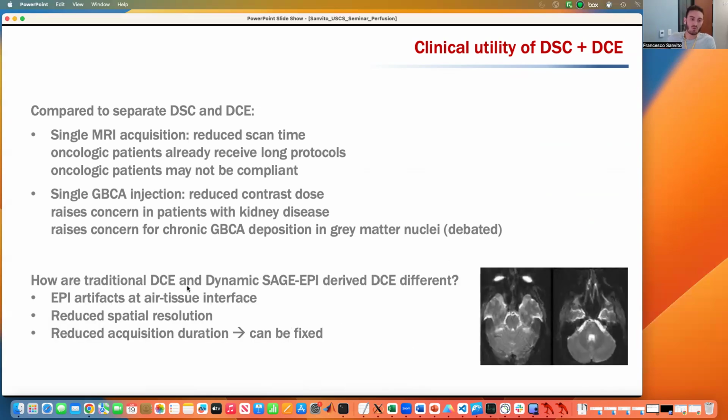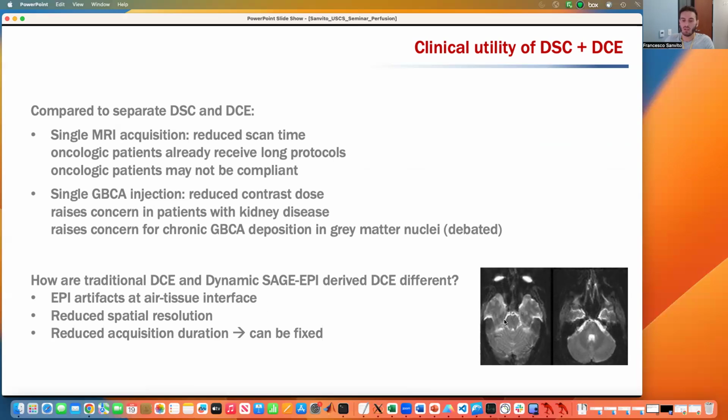A good question would be, okay, but this DCE that we get from multi-echo DSC, is it exactly the same as a classic DCE? It is in terms of signal over time, that's a purely T1 weighted signal. However, the sequence has some differences. First of all, it's an EPI, which classic DCE sequences are not.